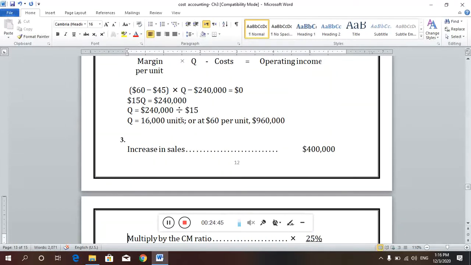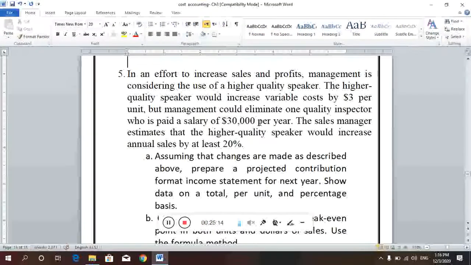These 16,000 units are sold at $60 per unit, so the break-even point in dollars will equal $960,000.